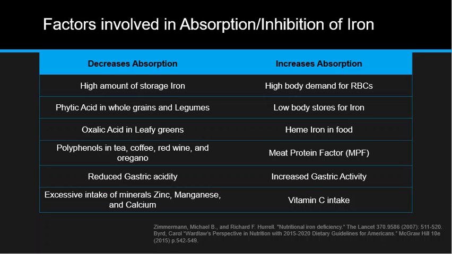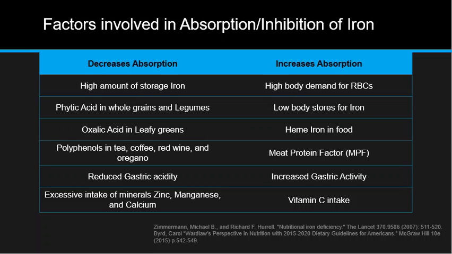So increased absorption, things that will help it: high body demand for red blood cells, and iron in the food. The body's pretty good at keeping homeostasis, so if it needs something, it'll signal the production of red blood cells through erythropoietin, or it'll just start grabbing all the iron it can with those storage iron proteins.